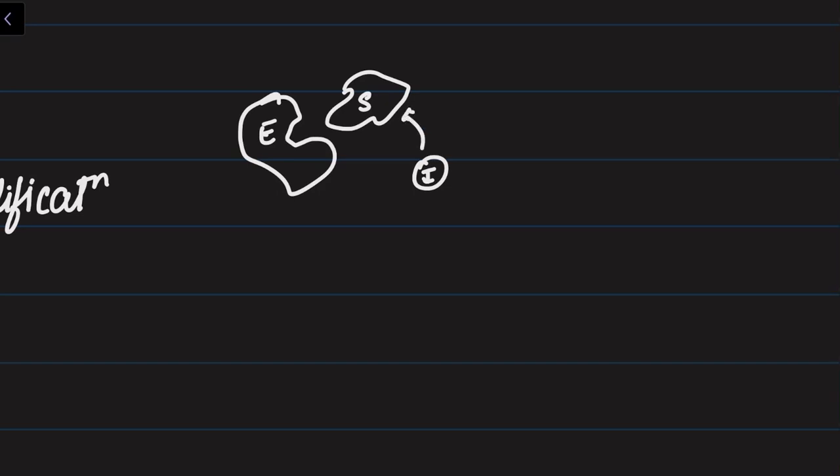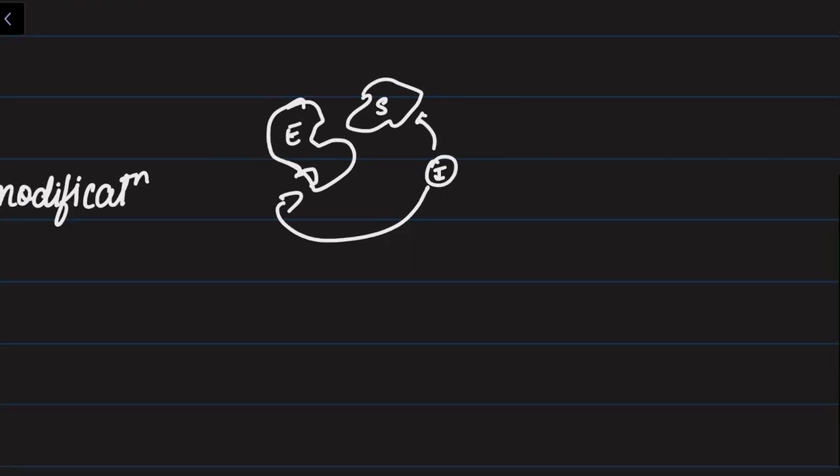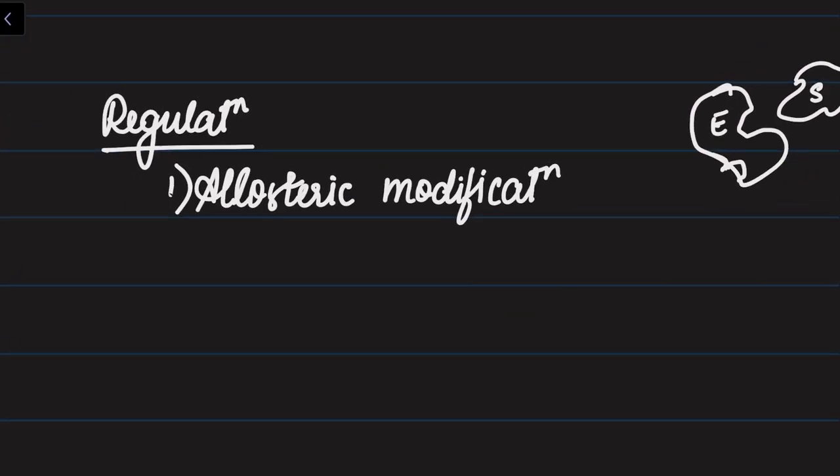It does not fit into the active site. It fits into some other ectopic site. That's what allosteric modification is. It's very watered down what I just said, so I will make a separate video on that. So regulation, 1 is by allosteric modification, 2 is by covalent modification.